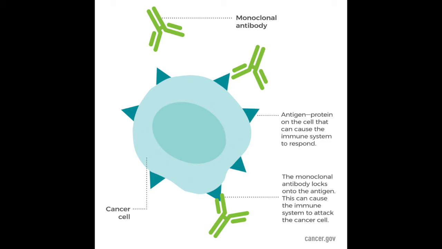Unlike the humoral response, the cell-mediated response does not produce antibodies. In the cell-mediated response, killer T cells bind to infected cells and disrupt their cell membranes to destroy them.